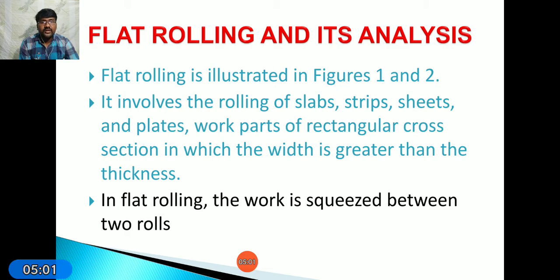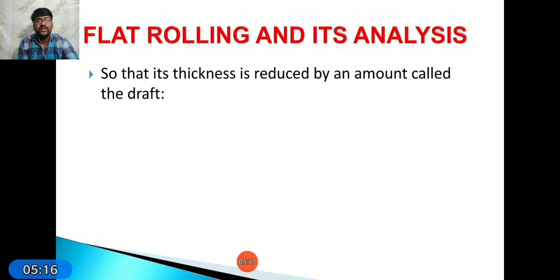By using that friction, the workpiece moves forward, and the squeezing action of the workpiece occurs. The amount by which the thickness is reduced is called the draft. Whenever we pass the workpiece between the two rollers, the thickness is reduced, and this reduction in thickness is known as draft.